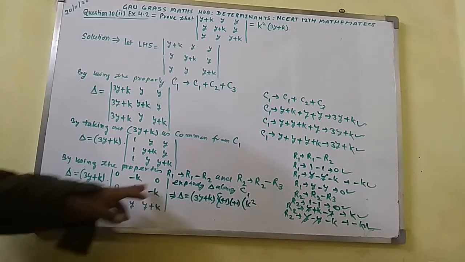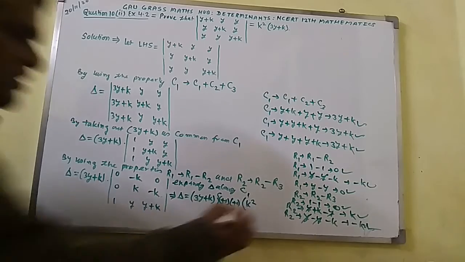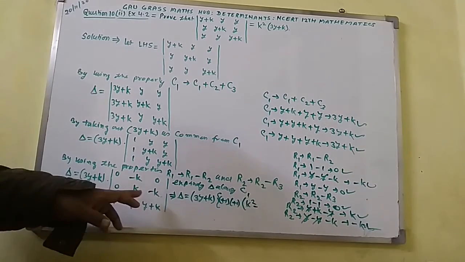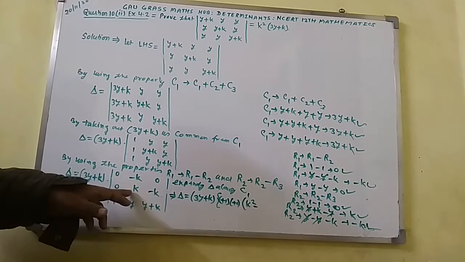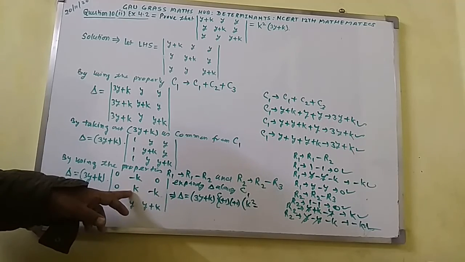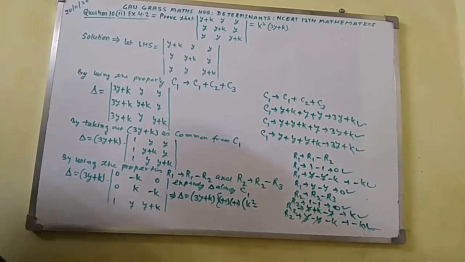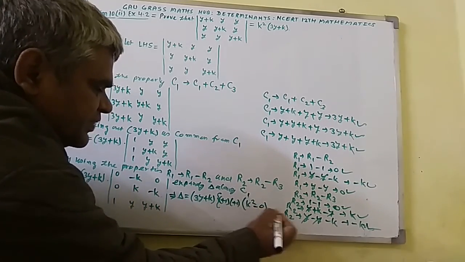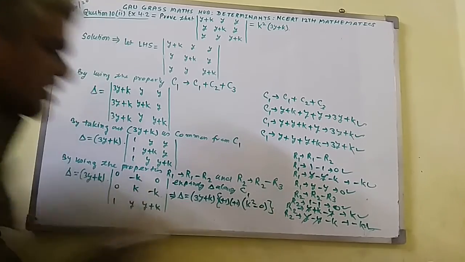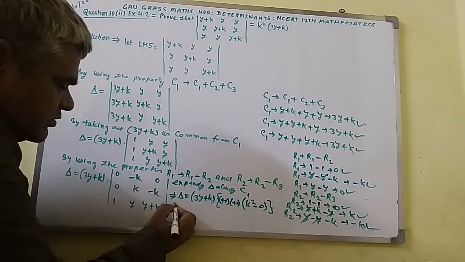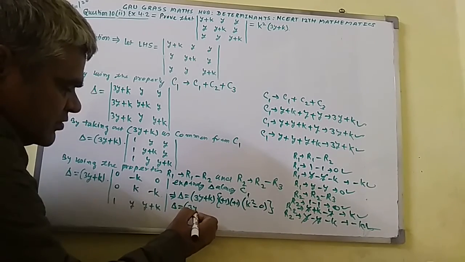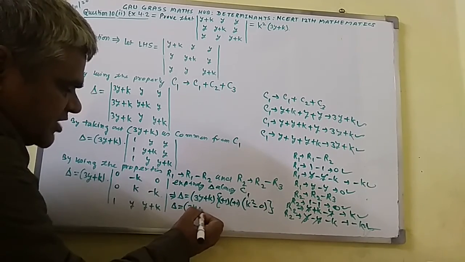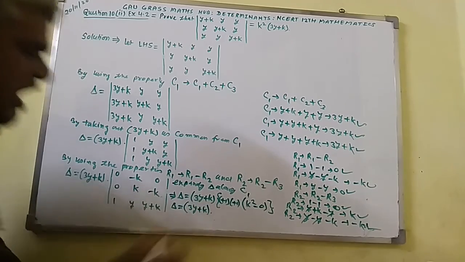And this thing will get a minus here. The elements of the reverse diagonal, 0 and k, will be multiplied together. We will get 0. Close the curly bracket. We get the determinant equal to 3y plus k, written with a dot.